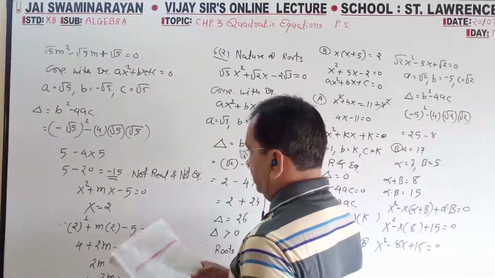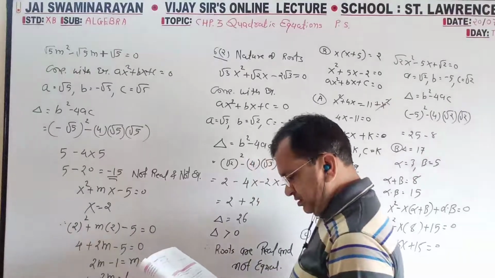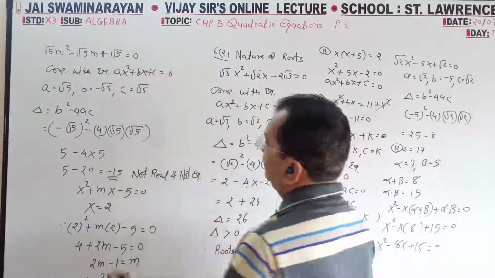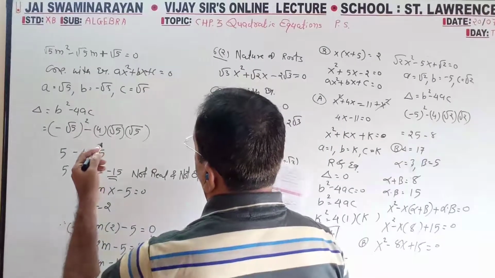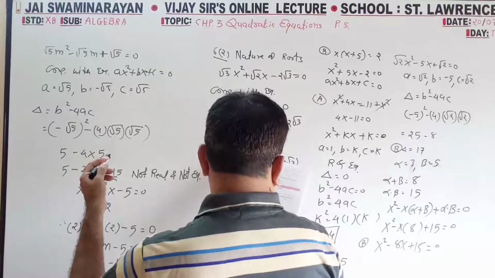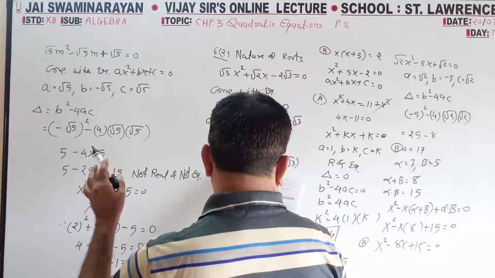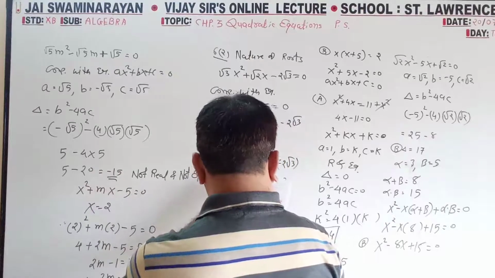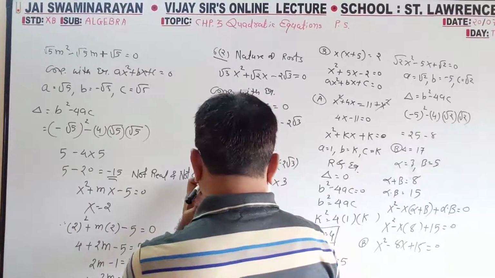And here, not real, not equal. B square minus 4ac. How is it real?